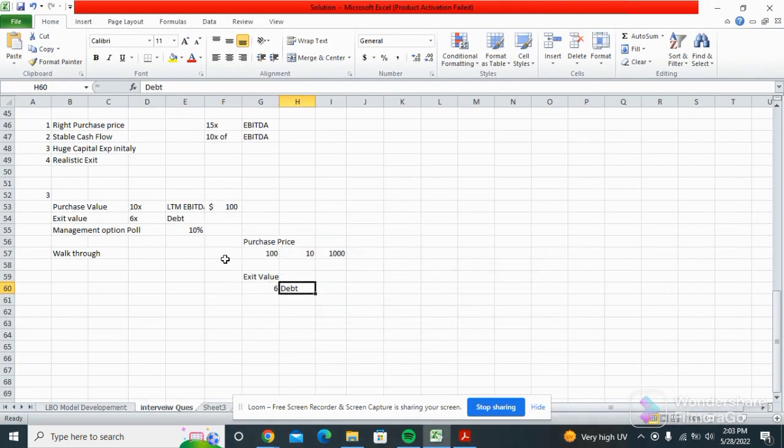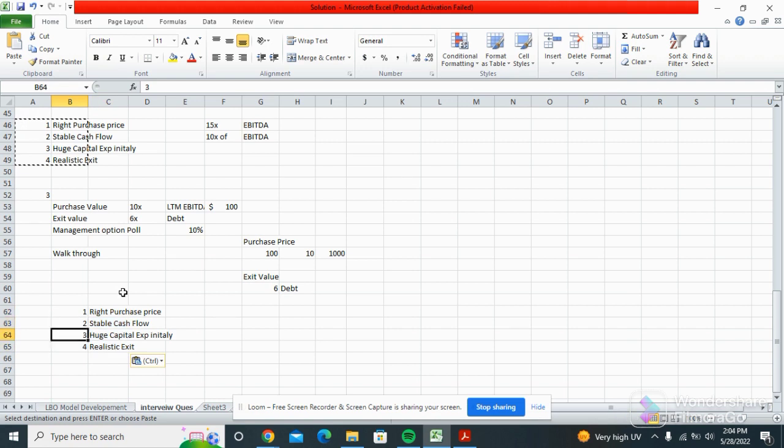So, let me discuss different points here. It is important that we first consider whether this is a better LBO candidate, by considering all the points that I mentioned in my last question. We should consider the right purchase price, stable cash flows, no huge capital expenditure initially, and a realistic exit. So first of all, the purchase price is 10 times earnings before interest and tax.